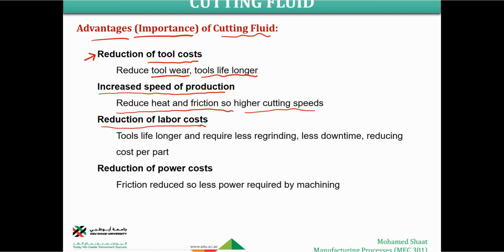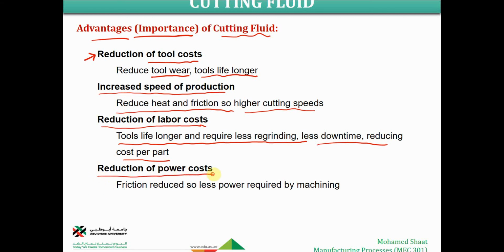So instead of wasting time doing the machining operation with no cutting fluid, where you have to take precautions and give rest to the tool to be cooled down, if you're using a cutting fluid you can finish the job very quickly, and you're going to save some cost related to the labor cost as well. The tool lives longer and requires less regrinding and less downtime, reducing cost per part in terms of the labor cost.